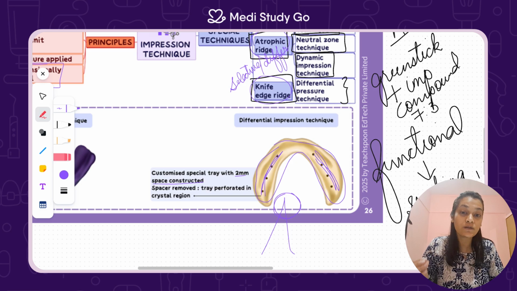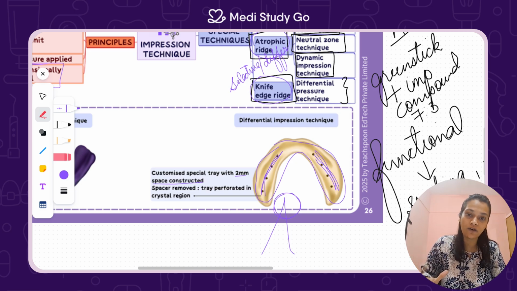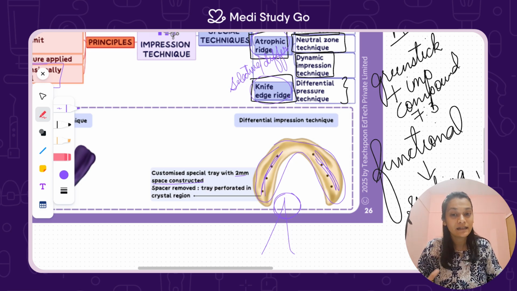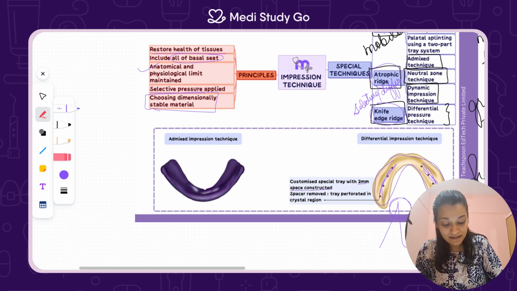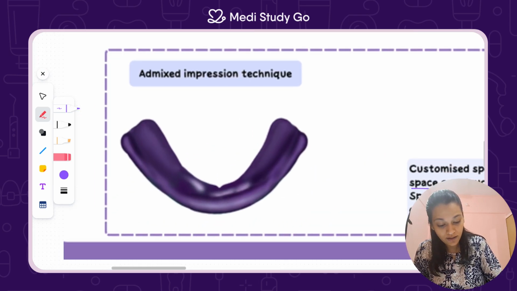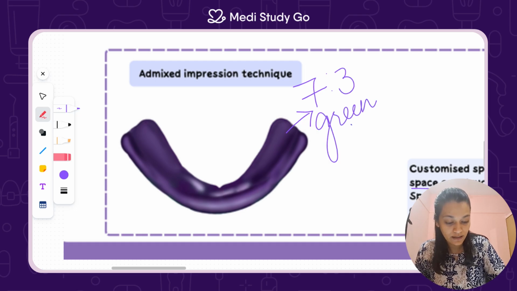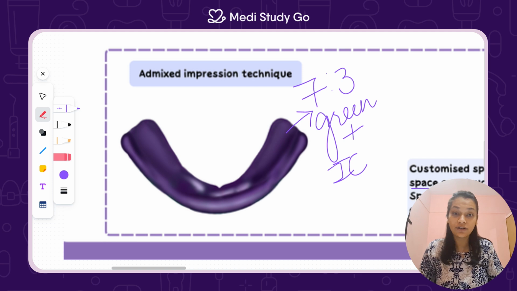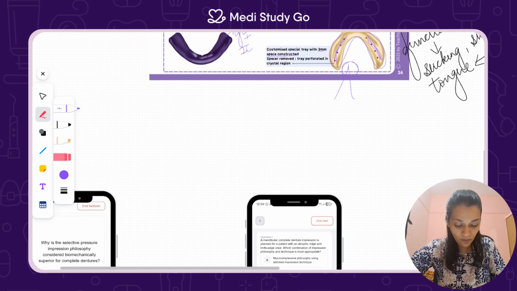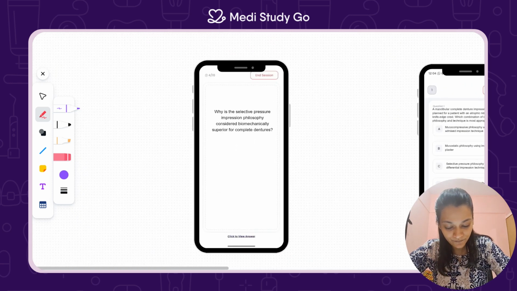This spacer will also ensure that there is no direct contact of your denture onto your tissues. And this is how your admix material, which is in a ratio of 7:3, green stick to impression compound, is going to look. So let's quickly go and solve the flashcard.